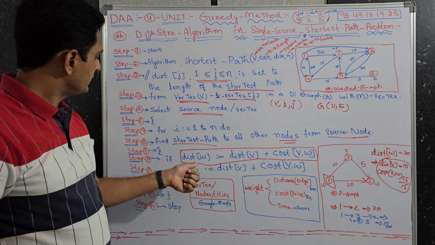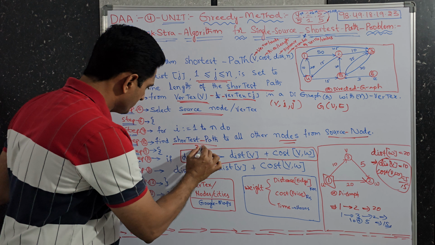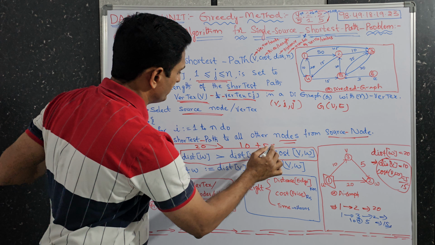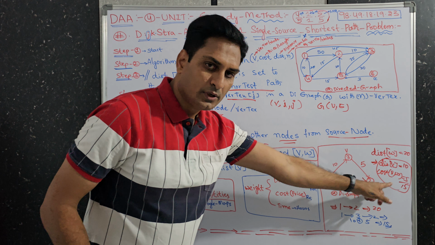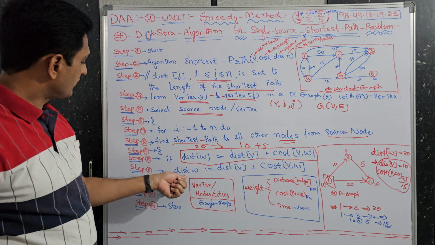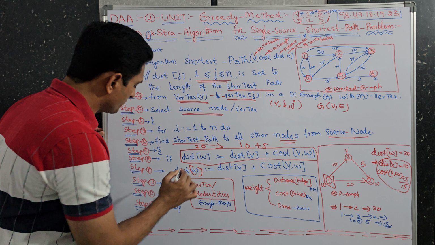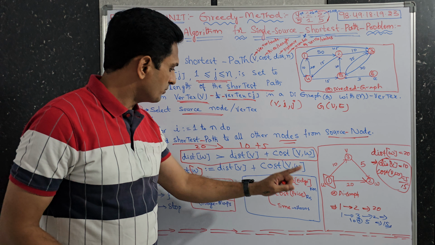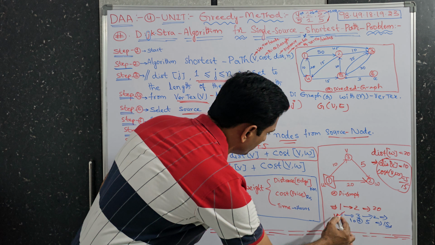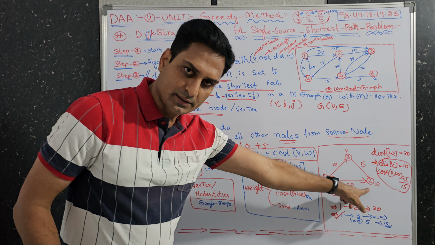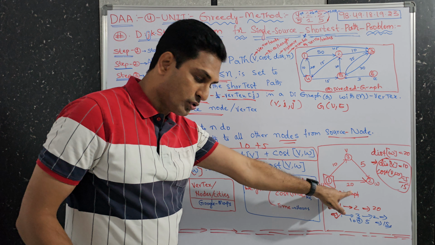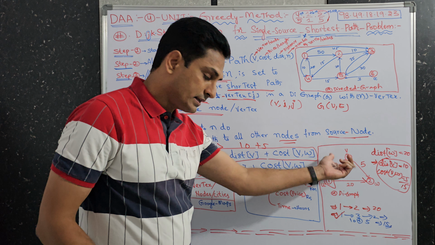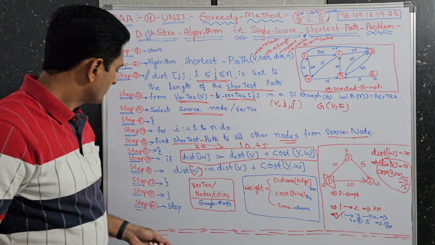So in this condition, distance W is 20, which is greater than this 10 plus 5, that is 15. So we need to take this one. Instead of distance W, we need to take distance V plus cost V comma W. Instead of 1 to 2 direct, the direct path is there, but that is more distance, 20. So we need to go via 3 to 2. That is less distance, 15. Right? So this is the answer.